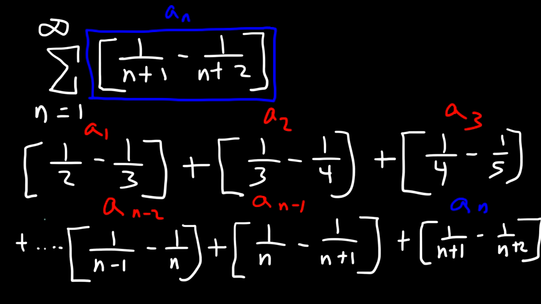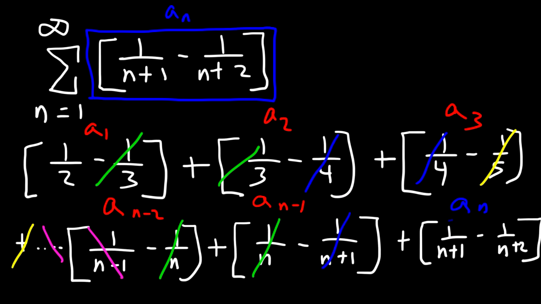So now notice that these two will cancel, and then these two will cancel. Let me use a different color. Negative 1 over 5 will cancel with something in the series. And then 1 over n minus 1 will cancel with something else. And then negative 1 over n plus 1 over n, they cancel.